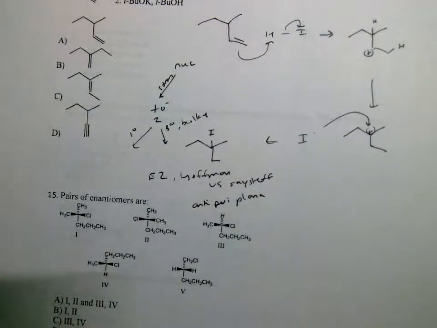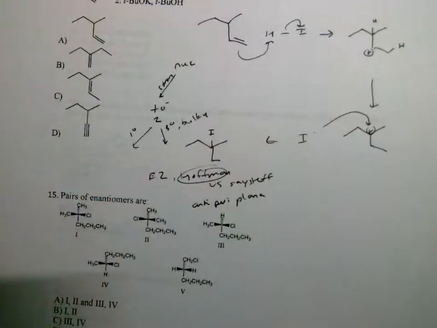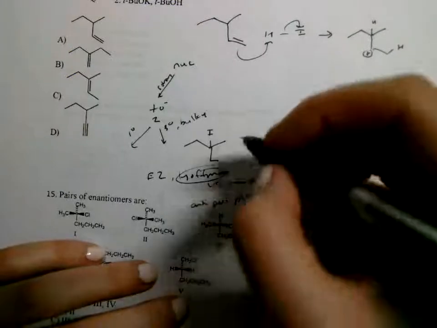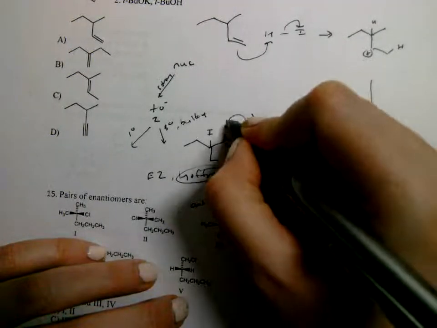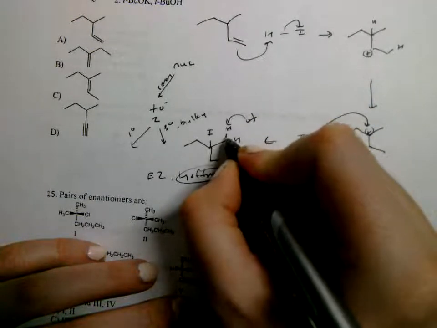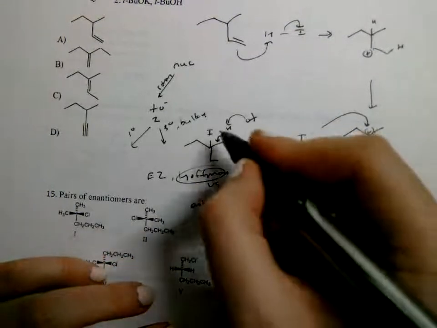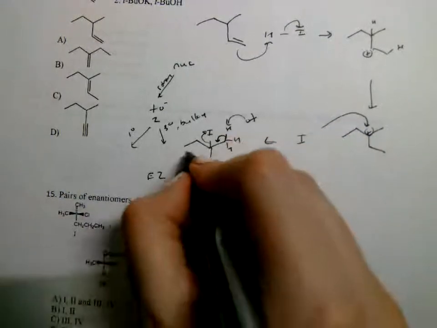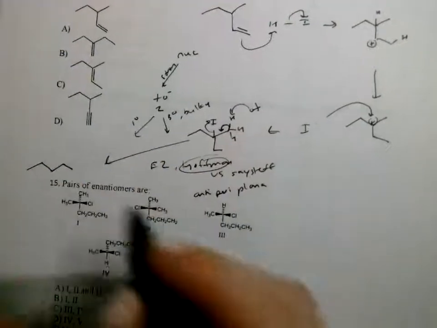Well, we don't have Zaitsev. We have a big bulky one, so that's Hofmann. So it's going to give us the less substituted, less stable product. So that tells me it's going to take from here. So your tert-butoxide is going to take from here. It's going to steal this proton to make a bond, and the electrons in the bond that were left behind will form a double bond, and your leaving group will leave. So I'm going to go all the way over here to draw my final product.